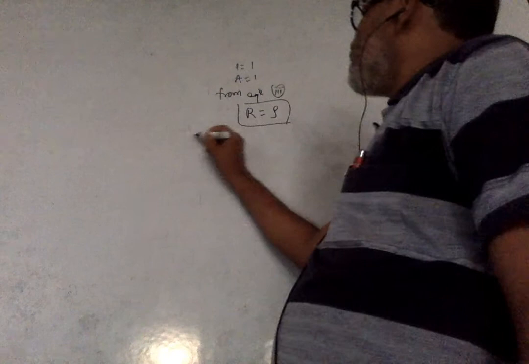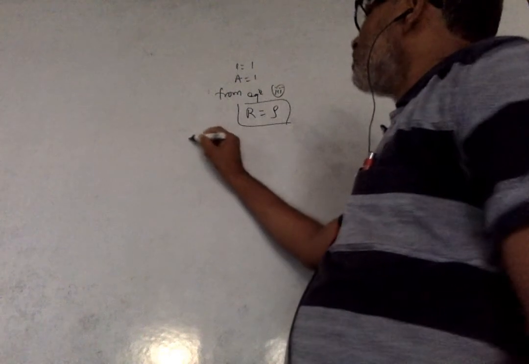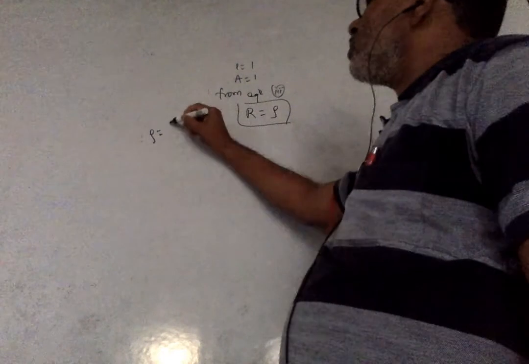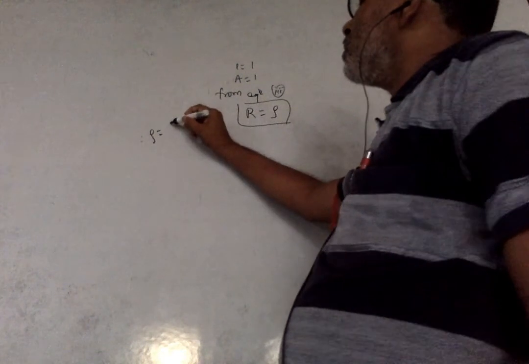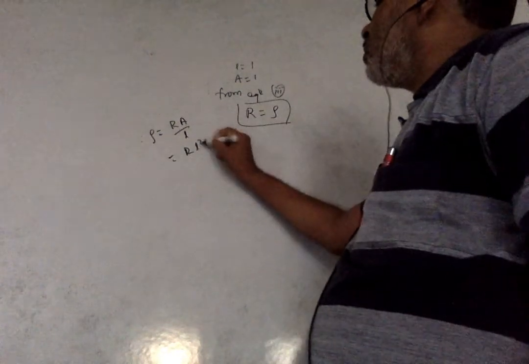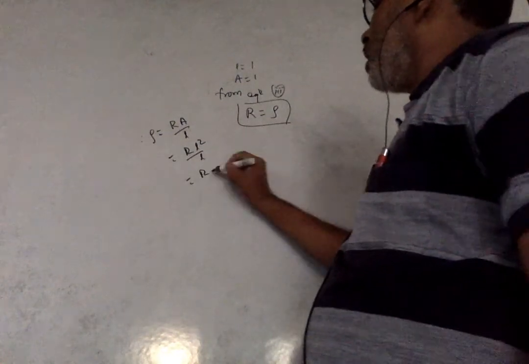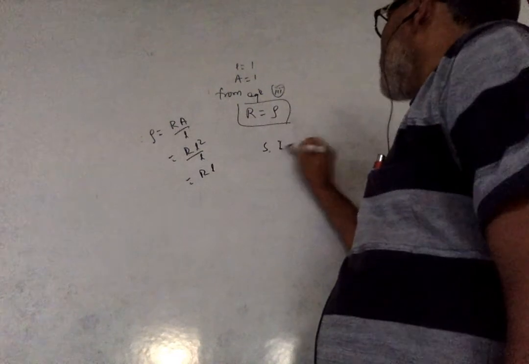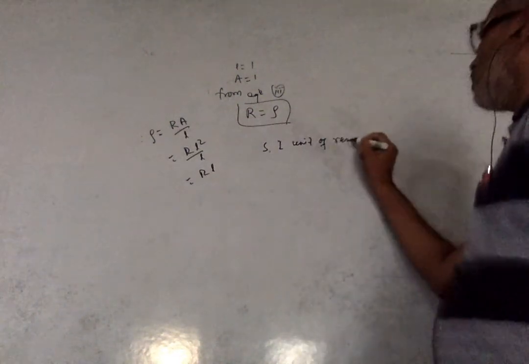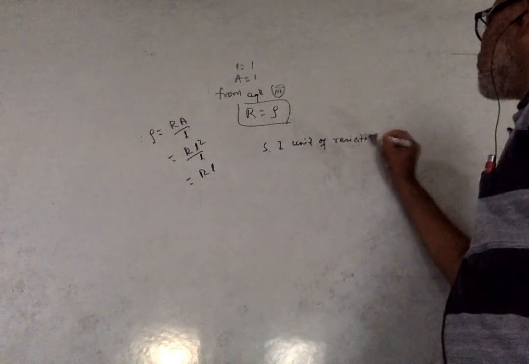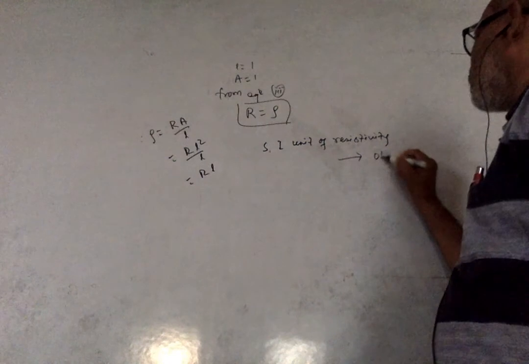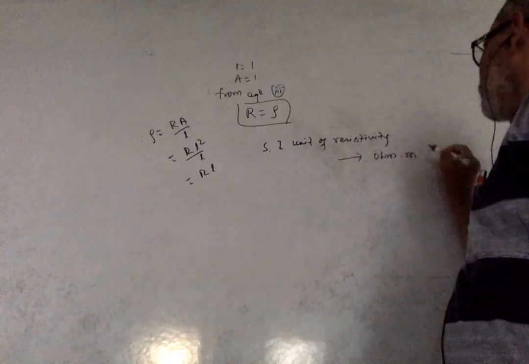SI unit of resistivity. Since rho equals RA by L, the SI unit of resistivity is ohm meter.